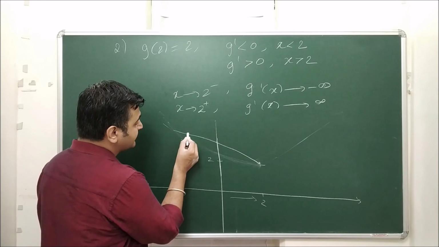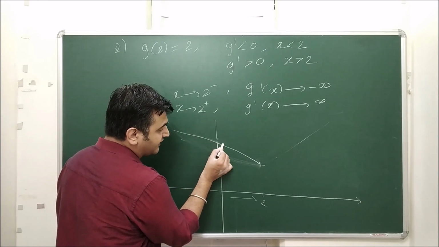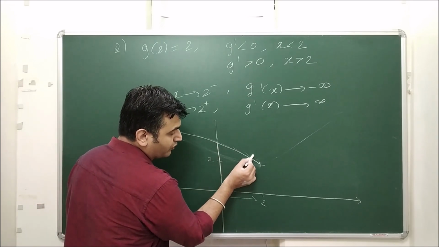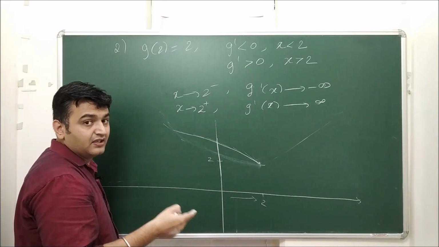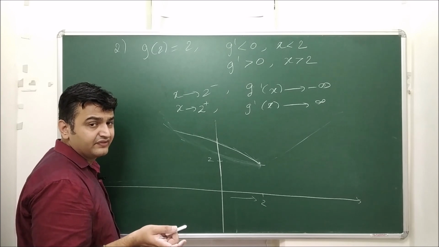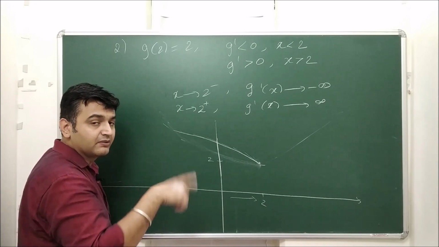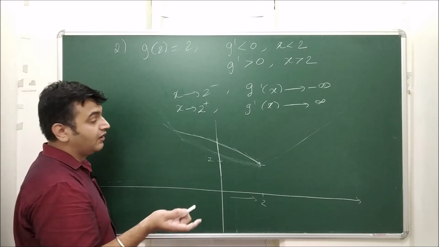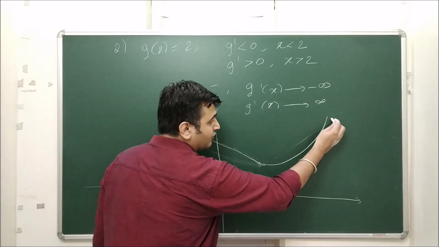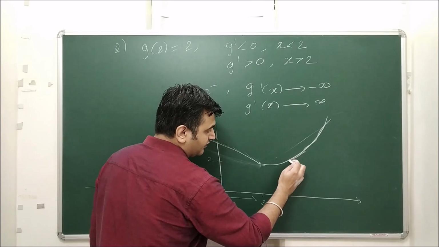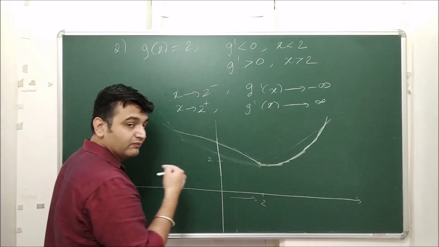Now here you can see the tangent line is becoming more and more vertical, and vertical line has slope plus minus infinity. As it's decreasing and it is becoming vertical, so minus infinity. Here also, can you have concave up graph? No. Why? Because again the tangent line at each point will become more and more horizontal.